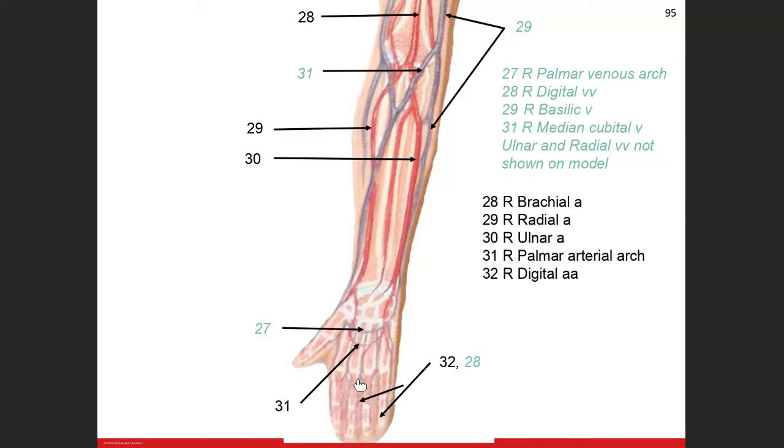So again, if it is a red arch, we call that the palmar arterial arch. If it's blue, we are going to call that the palmar venous arch. And then similar to what we saw on the foot, it's going to give off digital arteries here. So we'll call them either digital arteries or digital veins depending on the color.